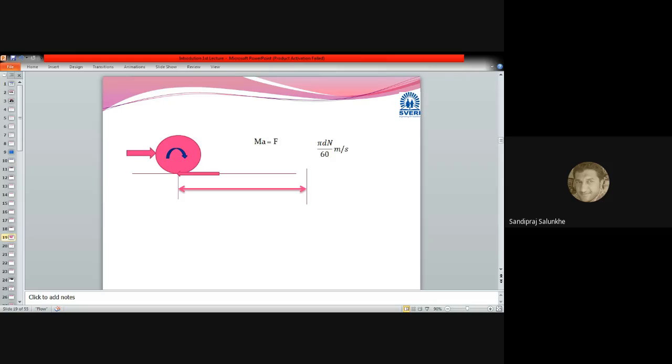Wheel and axle, seesaw. Very good. Kunal Shetty has given the example of a seesaw. Abhishek, am I right? Yes, sir. He has given the example of wheel and axle.